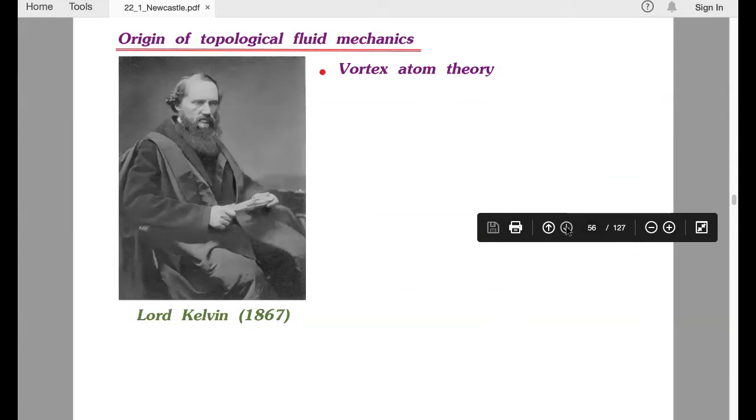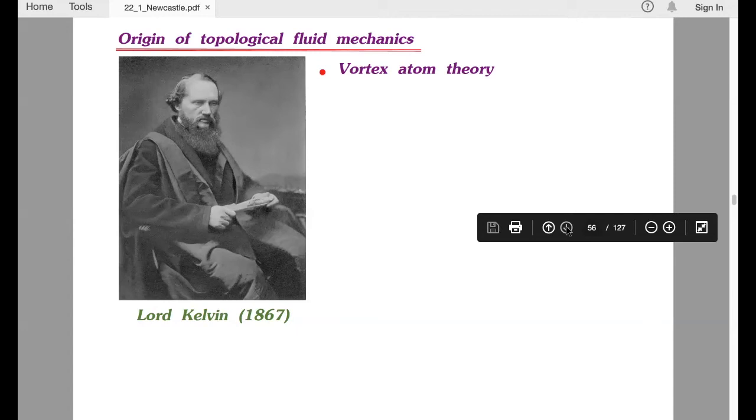Well, you see, more or less 10 years passed between Riemann's work and Helmholtz's work. And in 1867, William Thomson became aware, through his good friend Tate, much younger than him, at the time in Edinburgh, of Helmholtz's work.